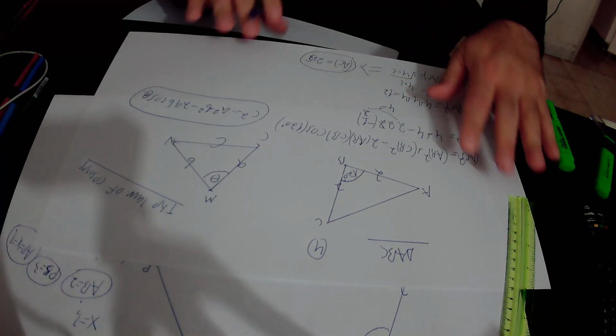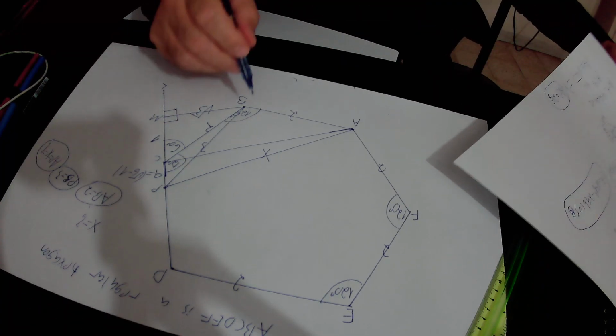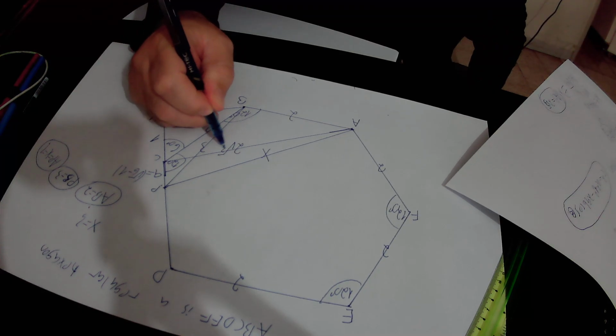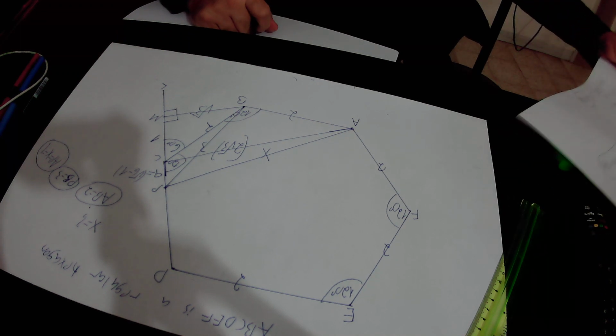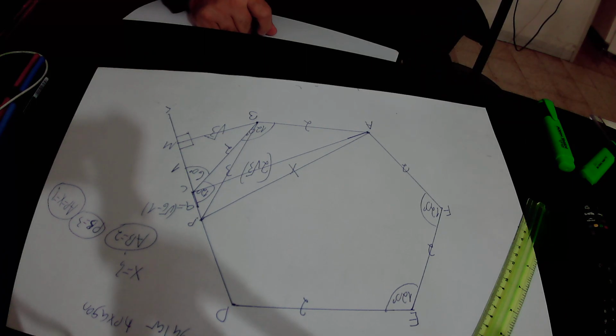Here we can write down that AC equals 2 times the square root of 3 units. So we'll continue.